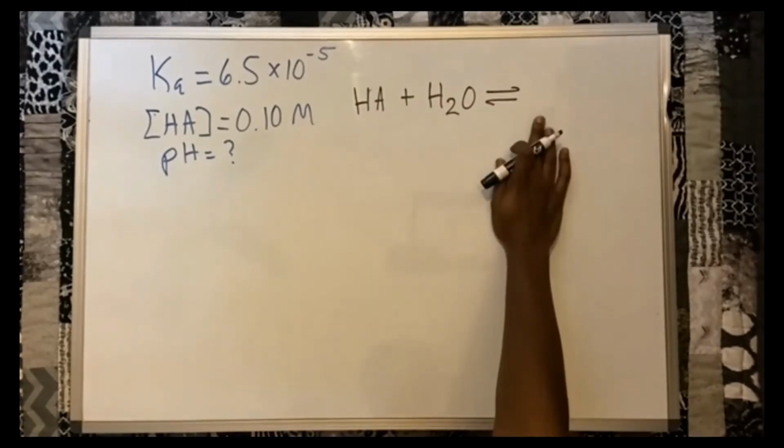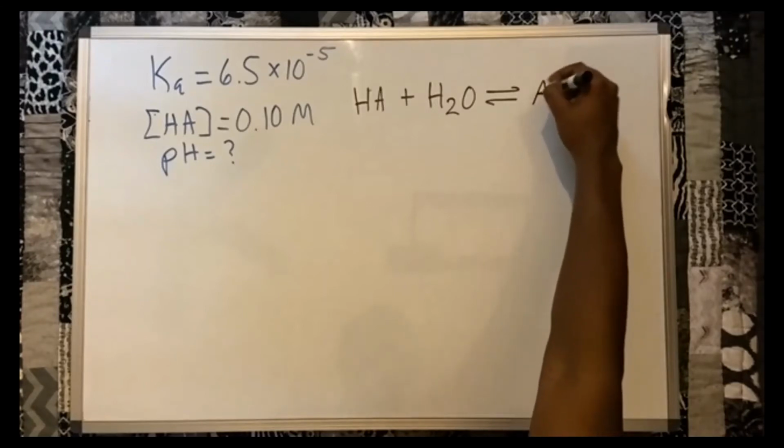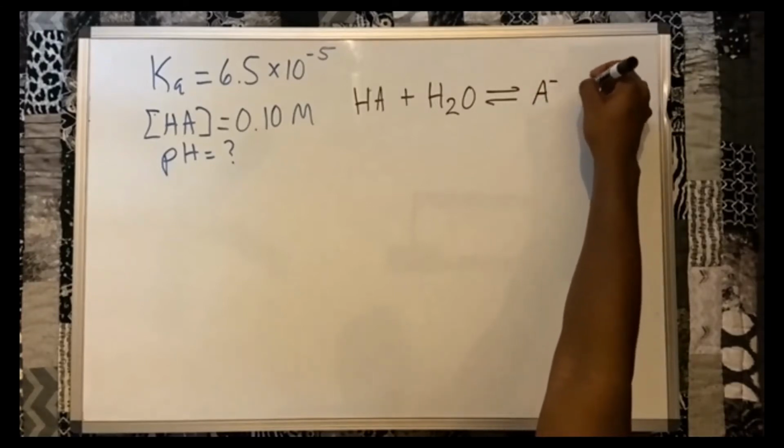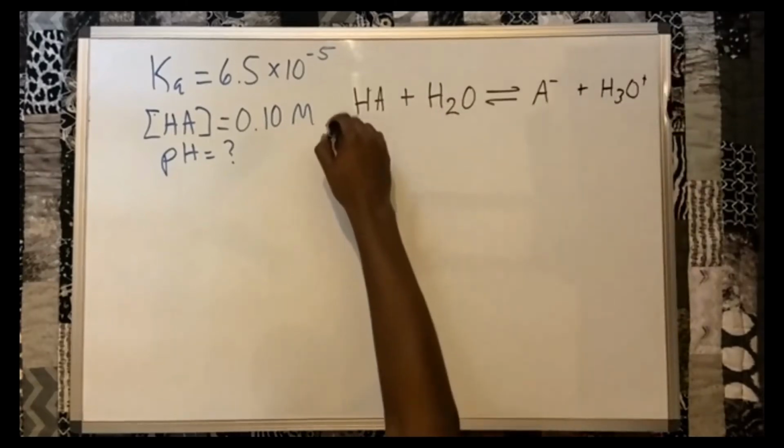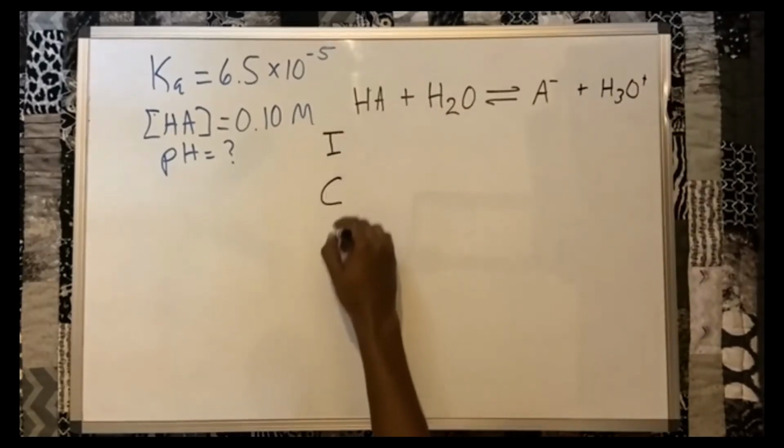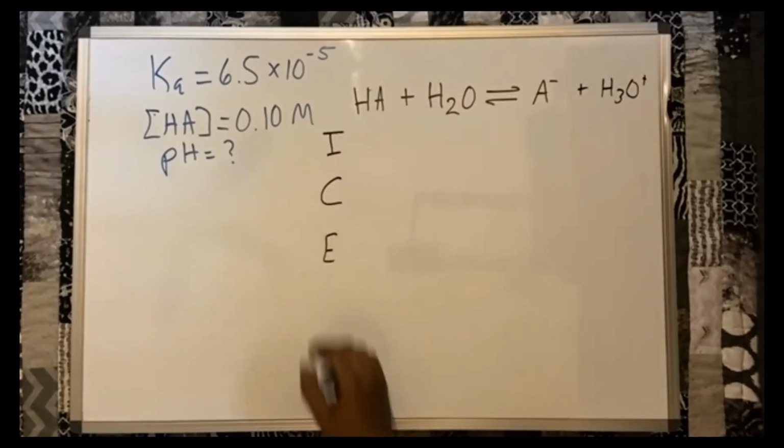Just A minus, and then plus H3O plus. So the acid is the other reactant, because, or not acid, water is the other reactant because it's the aqueous solution. Yes, exactly.